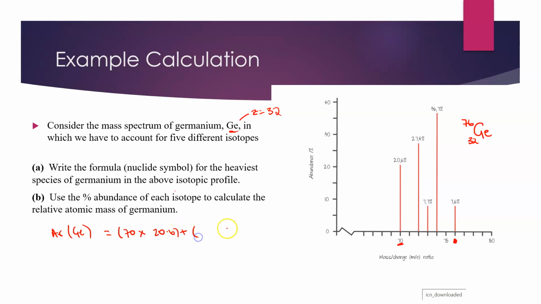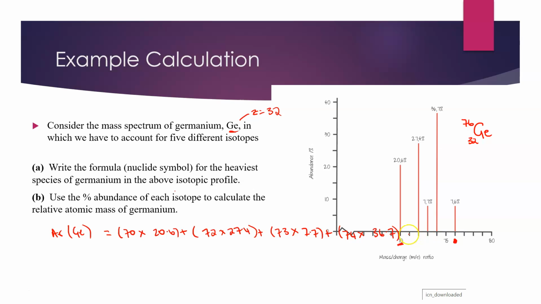Then we're going to add our next isotope, which is 72, reading from the graph along the horizontal axis, multiply by 27.4. The next one is going to be 73, and we're going to multiply that by 7.7. And then we're going to add in our 74, quite a long one this one, and multiply by 36.7.